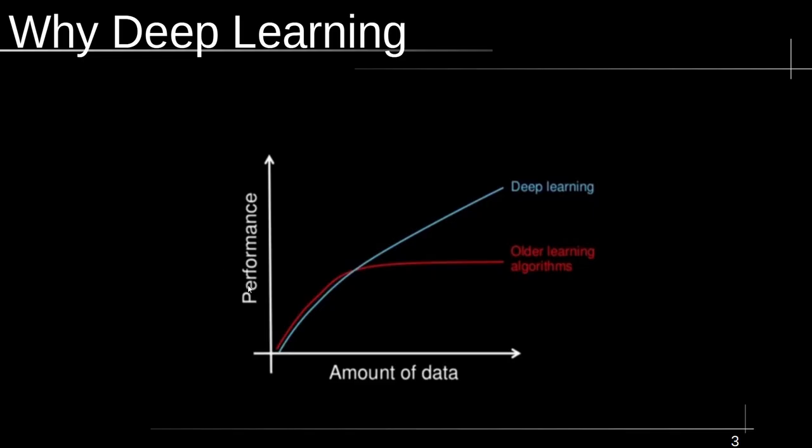If you are going with machine learning, the learning graph increases immediately, you can see in the red one. But on the other hand, if you are going with deep learning, it is continuously improving the model. So that is why it is important to learn deep learning.